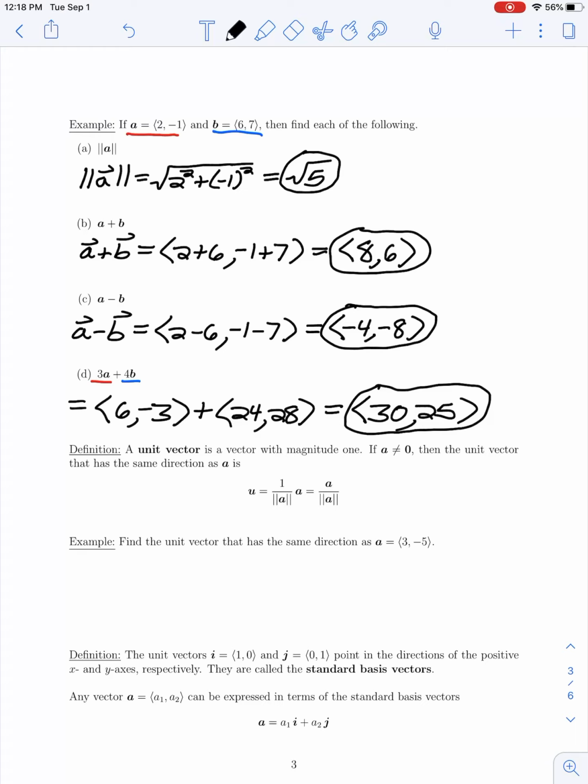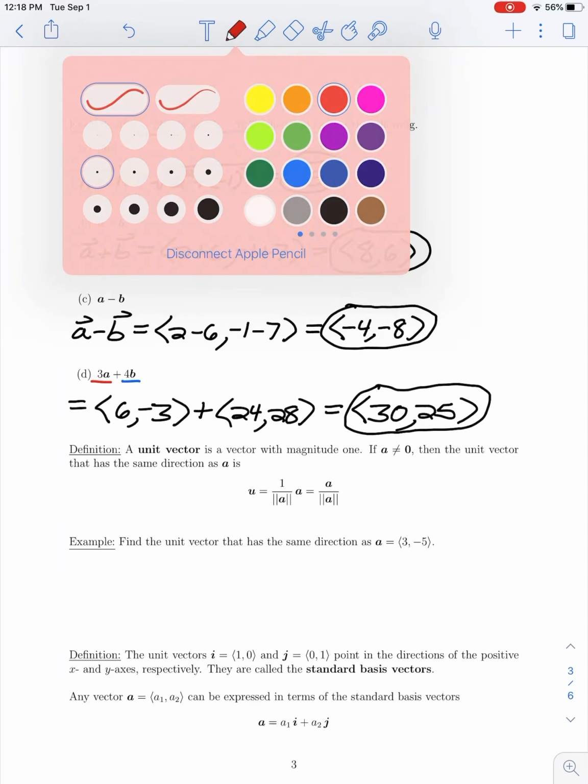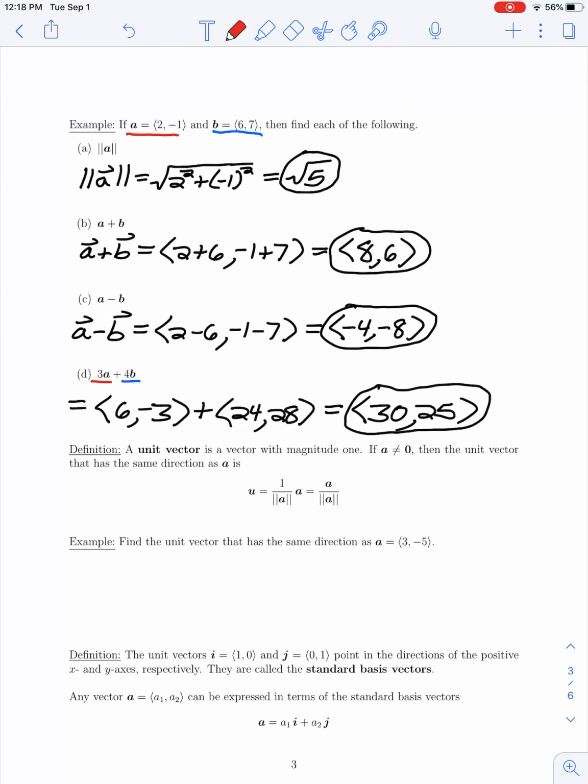So the next thing we're going to talk about is determining a unit vector associated with the given vector. So let's start by introducing some terminology. We would say that a unit vector is any vector that has a magnitude or a length of 1.